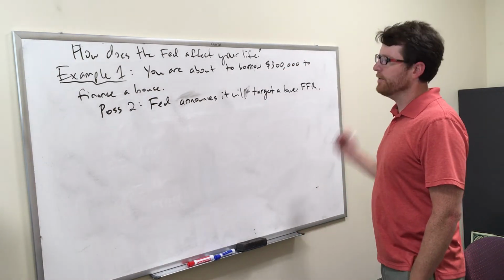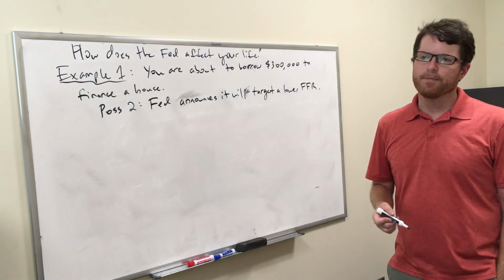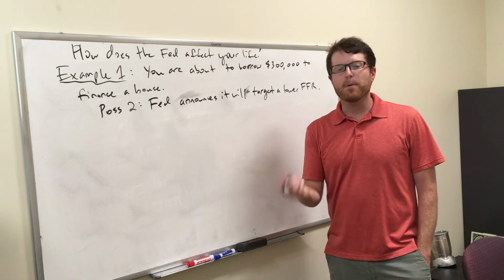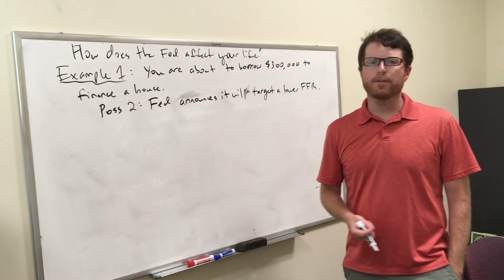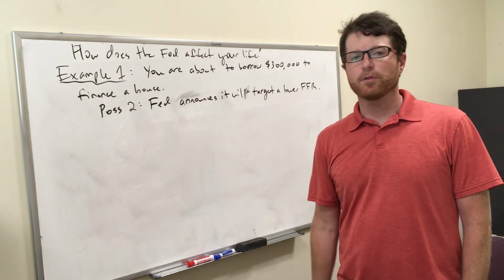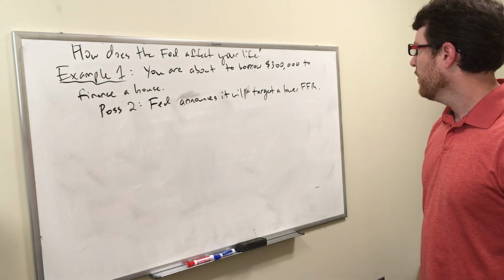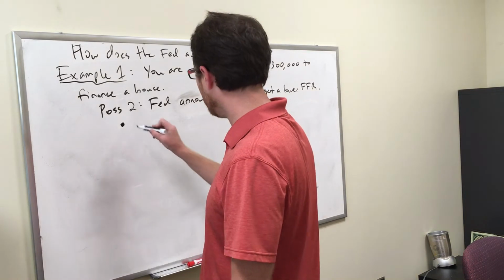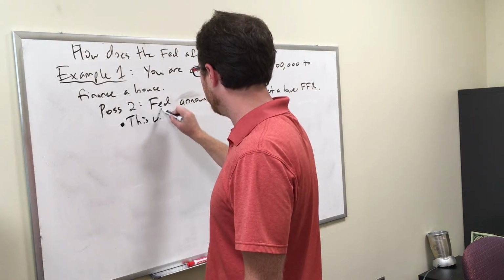The Fed has these meetings and they say this sort of stuff all the time. The logic is if the Fed says it, it gives people a chance to be prepared, okay? Because this will affect a lot of businesses' bottom lines and a lot of individuals' lives. So if they announce it will target a lower federal funds rate, what that is going to do is this will cause banks to be more aggressive.